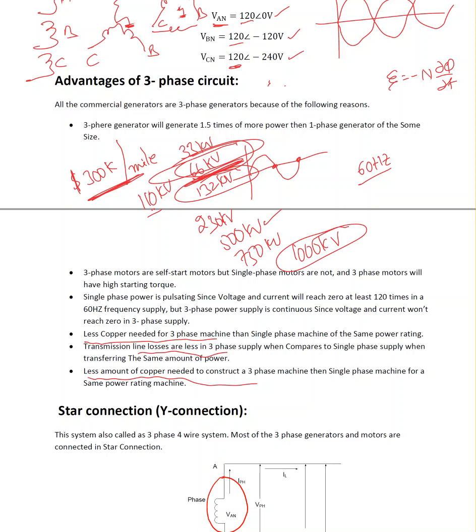That will cost more to build a transmission line. So when they compare all these from an economical point of view, they end up choosing a 3-phase system. So the entire world uses either a single-phase system or a 3-phase system.